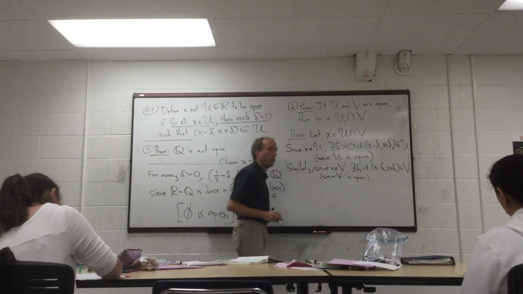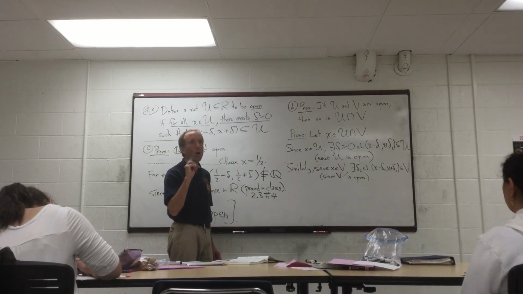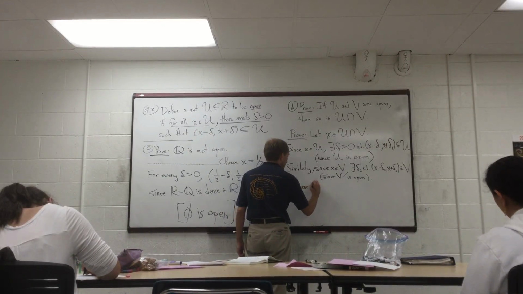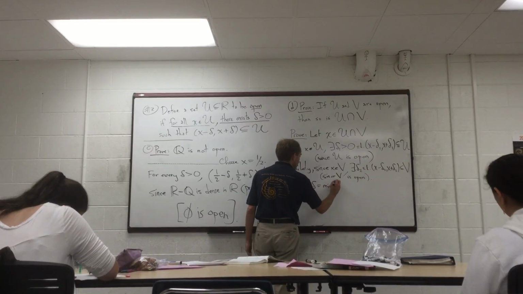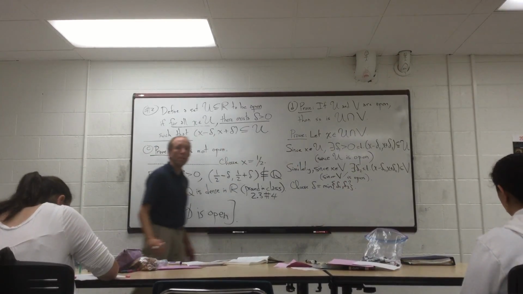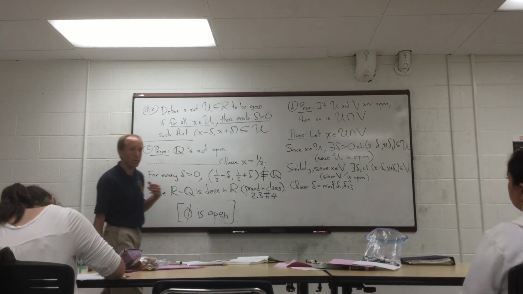Now, what do we do for the delta? The minimum of the two, always. So choose delta equal to the min of delta 1 and delta 2, the minimum of the deltas you found. And we claim that that's going to work.